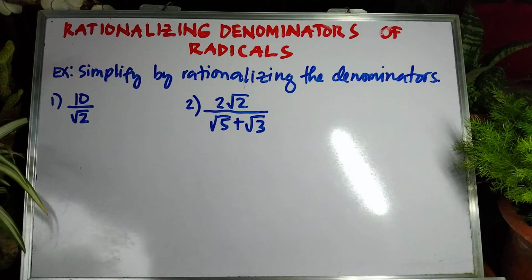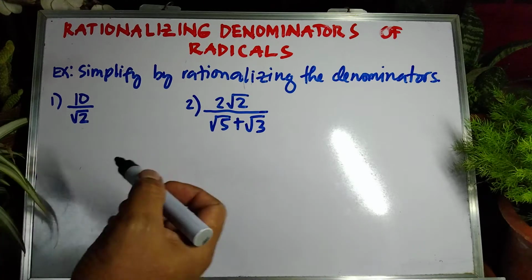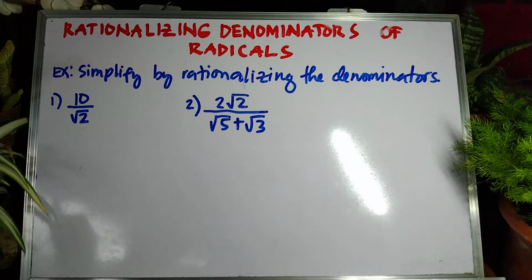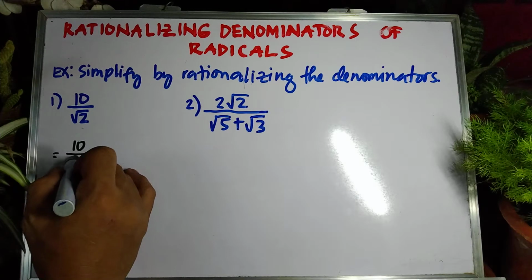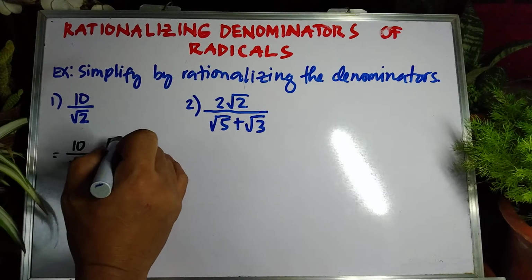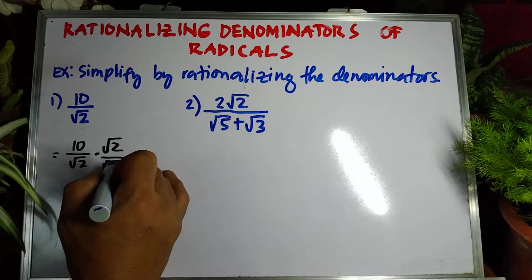In number 1, how do we rationalize? We are given 10 over square root of 2. Here, we can solve this by multiplying both the numerator and the denominator by what? We have 10 over square root of 2 times square root of 2 over square root of 2.